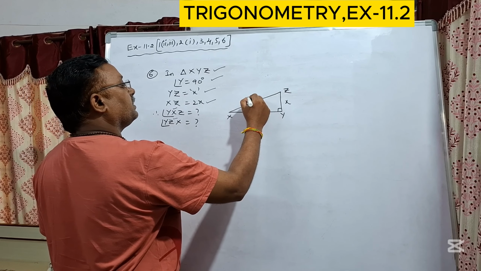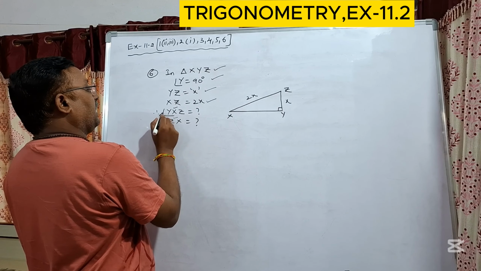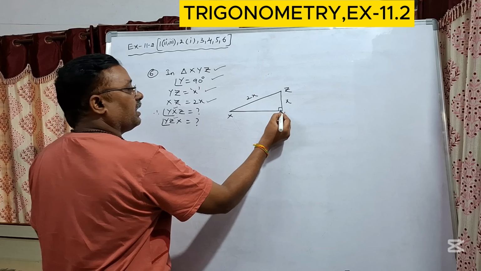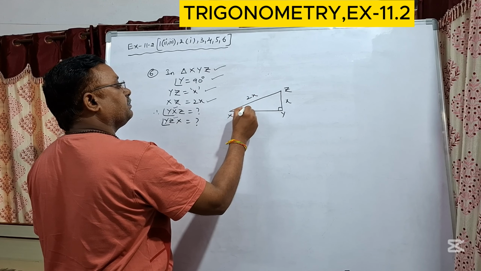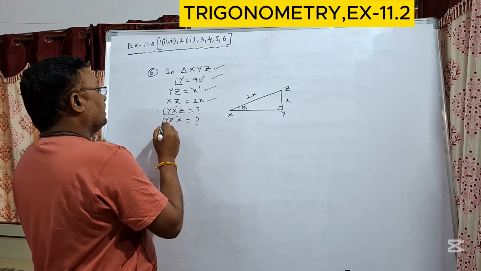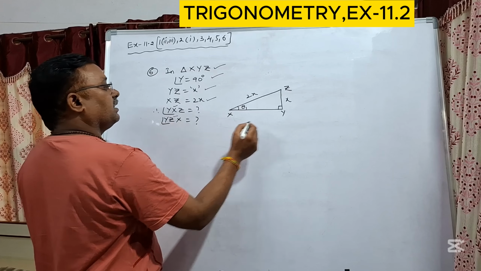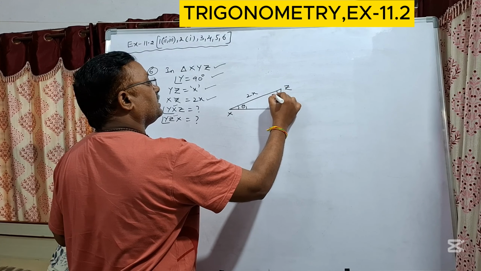XZ means hypotenuse is 2x units. Then we need to find angle YXZ, meaning the angle at X. Let it be theta 1. Next angle YZX, this angle also we want. Let it be theta 2.